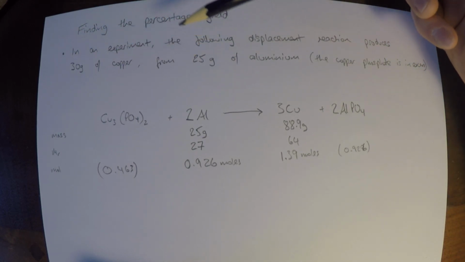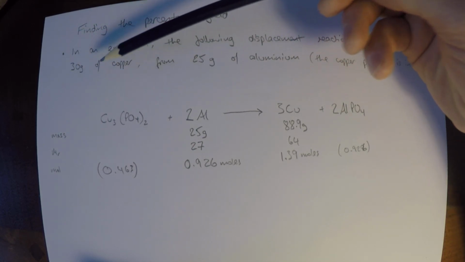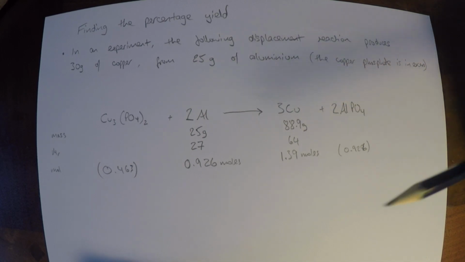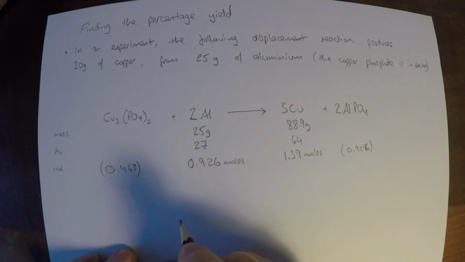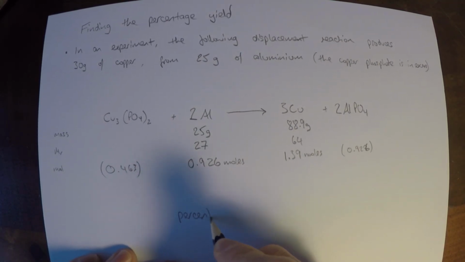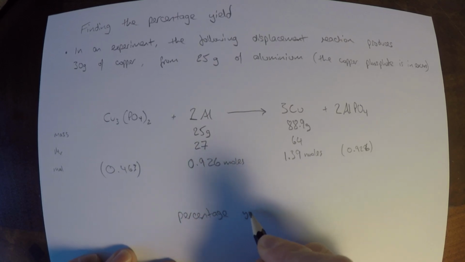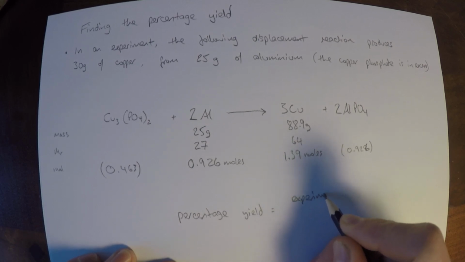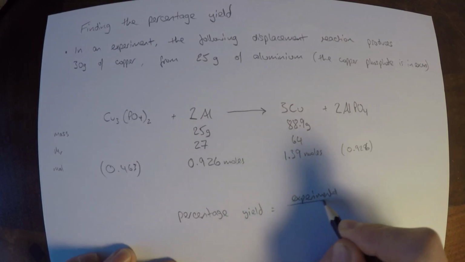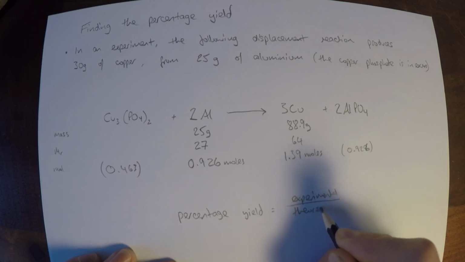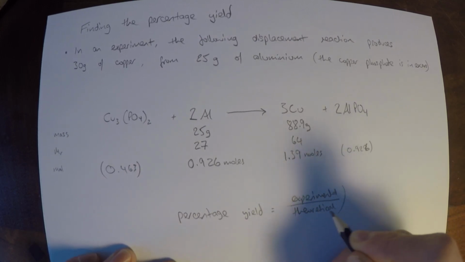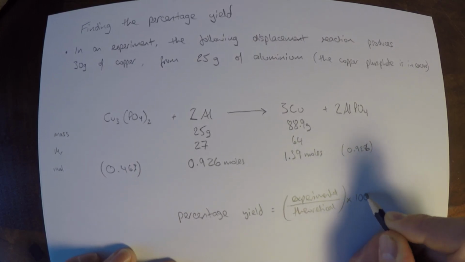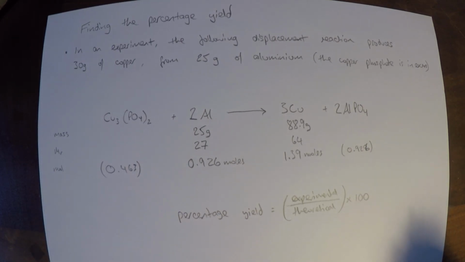Therefore, we can now work out the percentage yield that this is of the theoretical yield. So the percentage yield is the experimental yield divided by the theoretical yield, and we multiply it by 100 to give us a percentage.